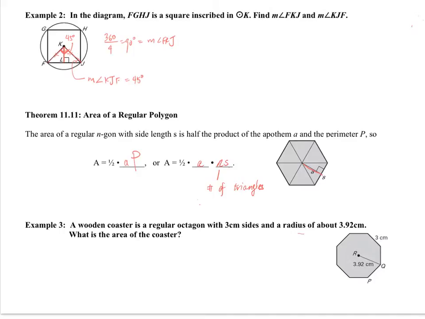Example 3. A wooden coaster is a regular octagon with 3 centimeter sides and a radius of about 3.92 centimeters. What is the area of the coaster? So, to do this, we need to first draw one of these triangles, and we need to find the length of the apothem.